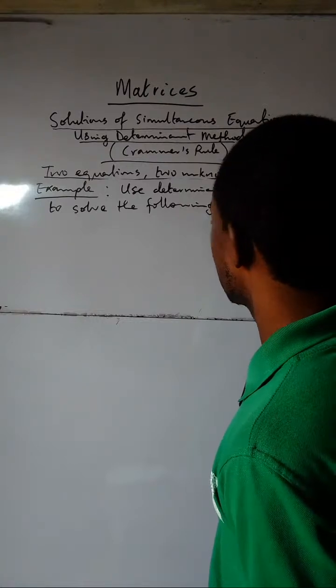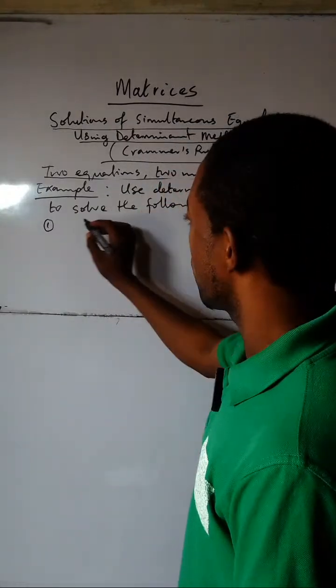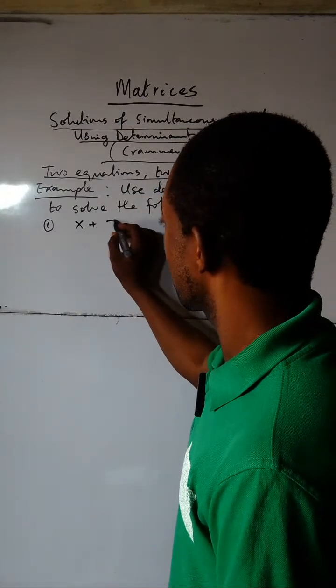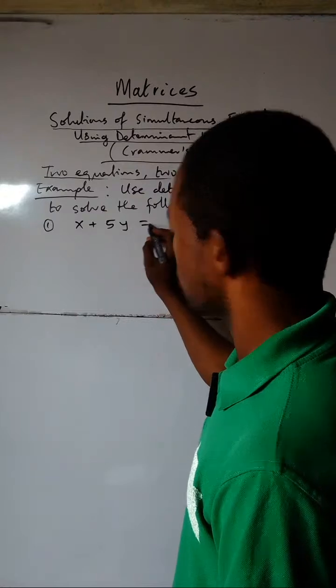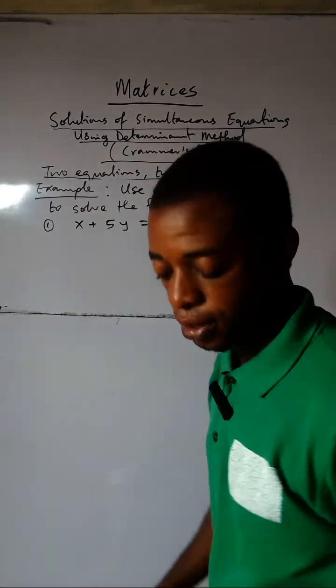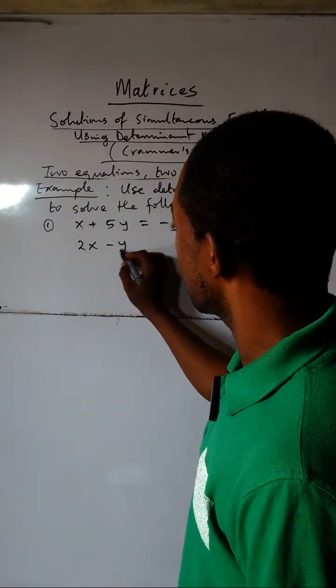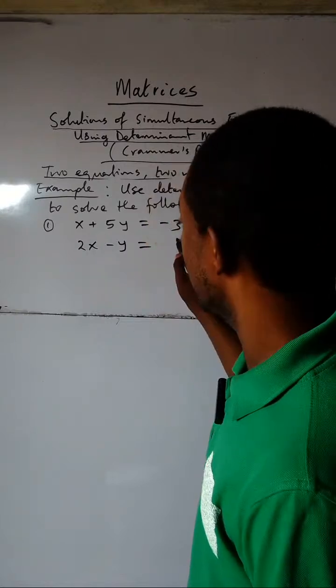We have the first one, x plus 5y equals minus 3, then 2x minus y equals 5.